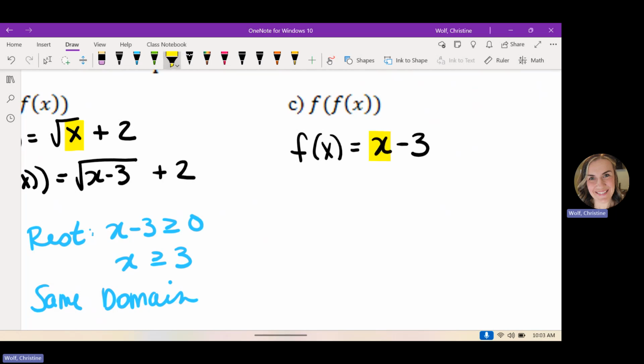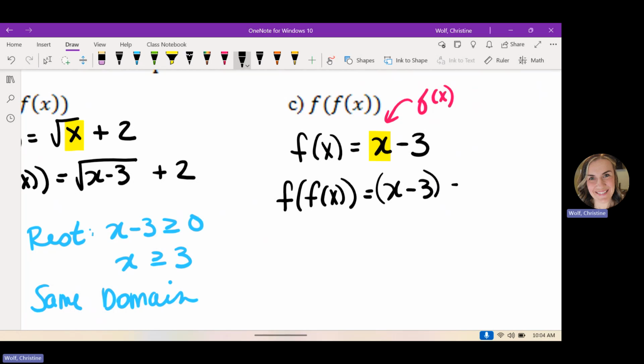Wherever I see an x, I'm going to now plug in what f of x is again. So that would mean that f of x would be x minus 3 minus 3. The brackets don't mean anything. They're not protecting anything. You can drop those brackets, simplify x minus 6. Okay, so that's my final answer.